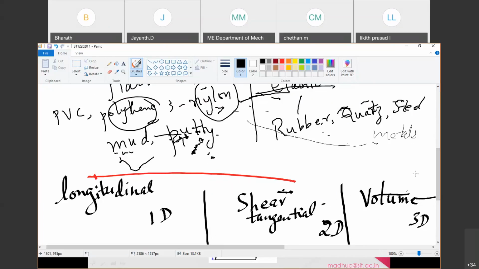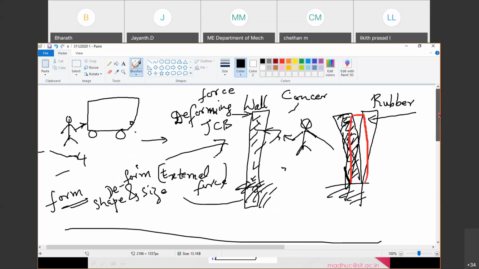Same thing. Say this is a concrete wall or concrete pillar. If I want to describe a pillar, I need to give the height of the pillar, the thickness of the pillar, and the width of the pillar.